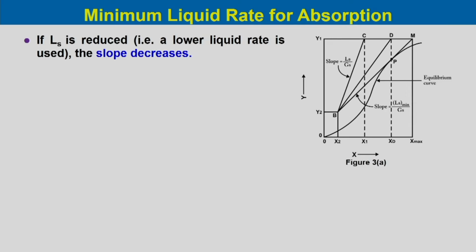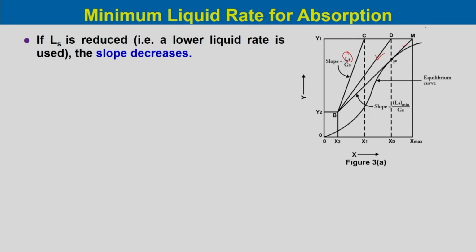If Ls is reduced, that is, a lower liquid rate is used, the slope decreases. You can see if we decrease Ls, the slope of the operating line will decrease, and from BC it will come to BD and then BM and so on.